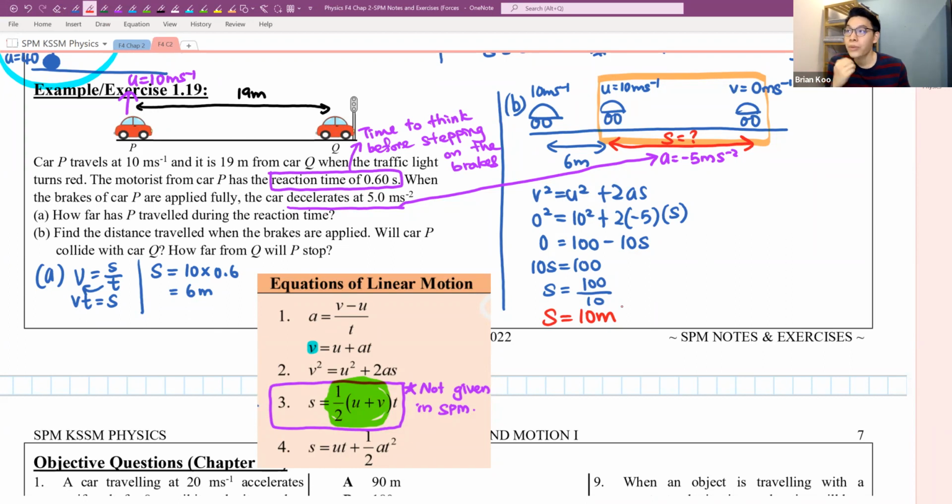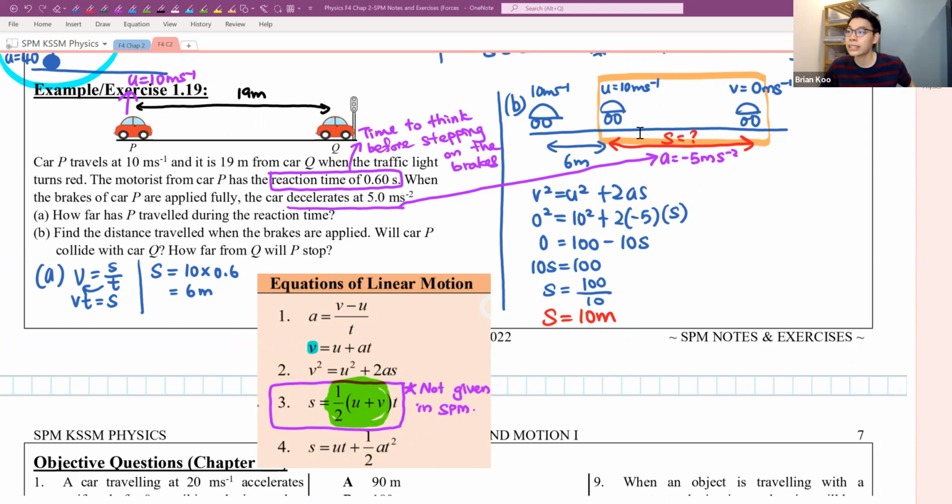Okay, last one. Will car P collide with car Q? Okay, Charissa, can I finish this first? Then I'll explain again. Okay, so S is equal to 10. S is equal to 10.